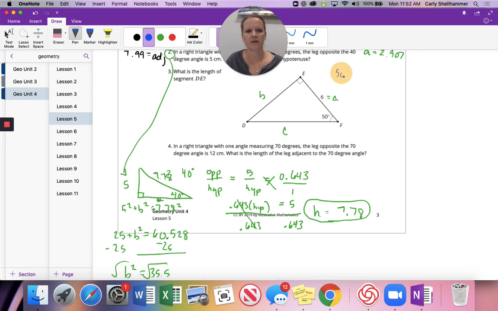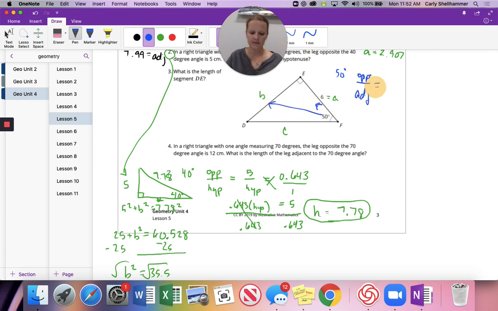For 50 degrees, we have adjacent. And we want DE, which is opposite. So actually I want opposite over adjacent. So for 50, we've got opposite over adjacent.